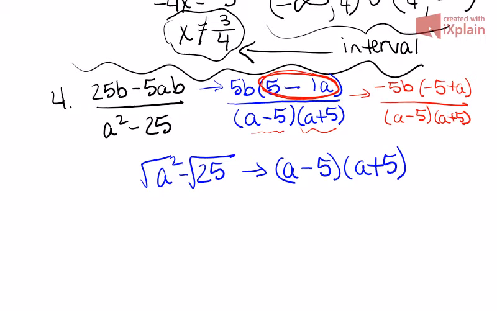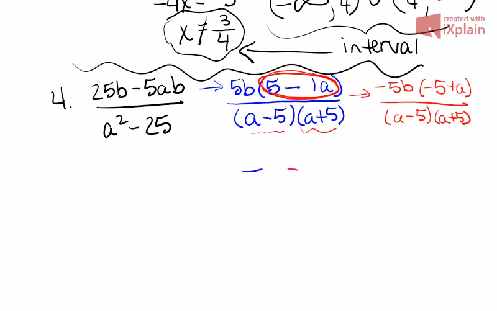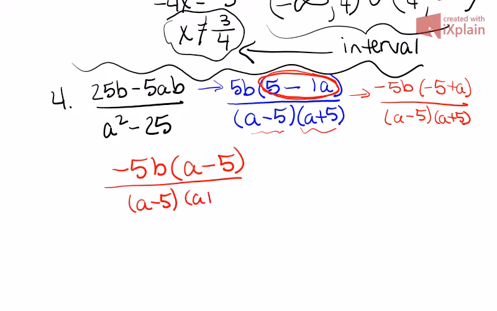Okay, well, now I can just go through and rewrite the top as negative 5b, a minus 5 instead of negative 5 plus a, over a minus 5 times a plus 5. These guys end up canceling out, so I have negative 5b over a plus 5.